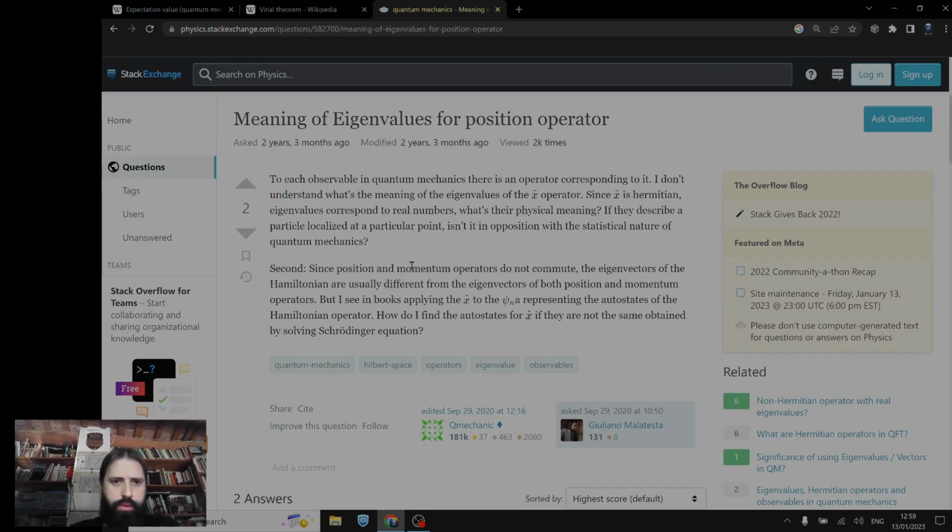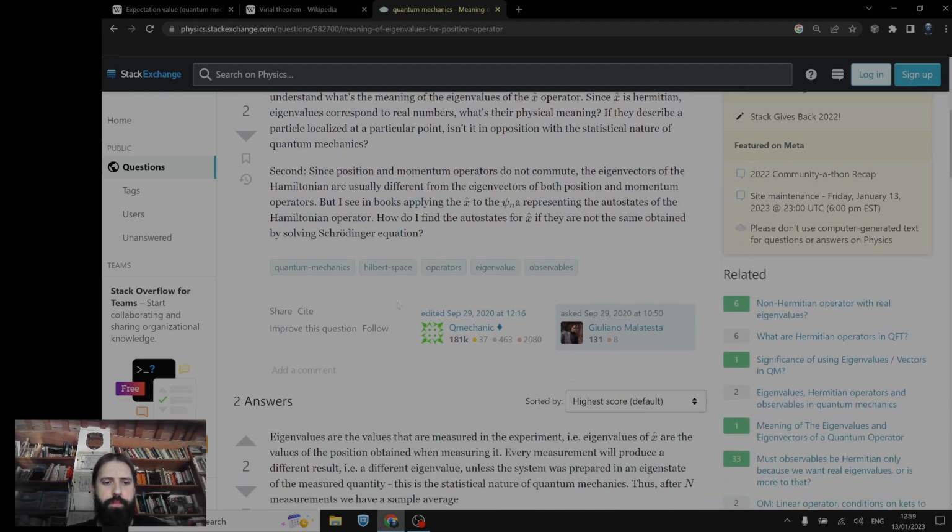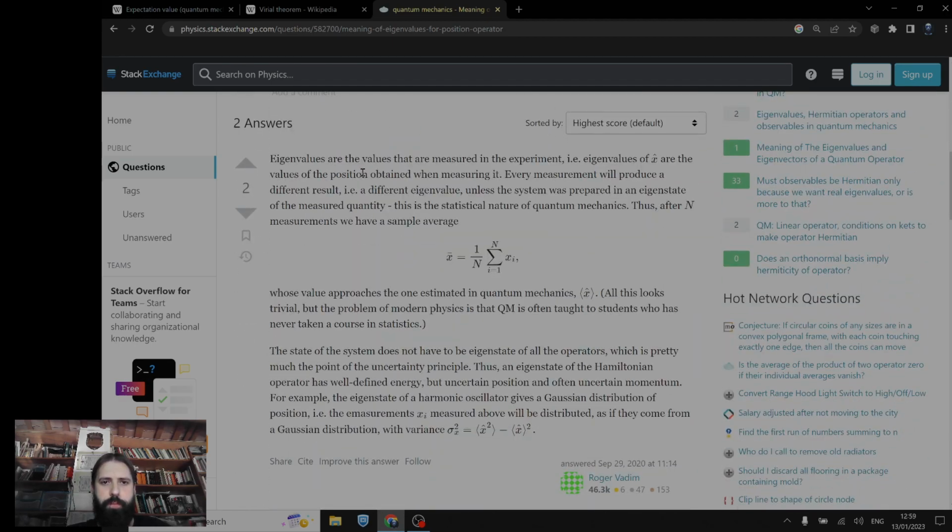I think so. To each observable in quantum mechanics, there's an operator corresponding to it. X is Hermitian, so its eigenvalues correspond to real numbers, exactly. These are values that are measured in the experiment, values of the position obtained when measured. Every measurement will produce a different result.